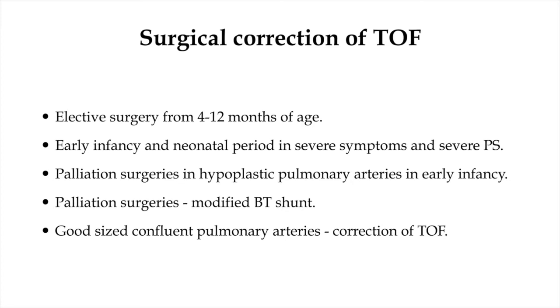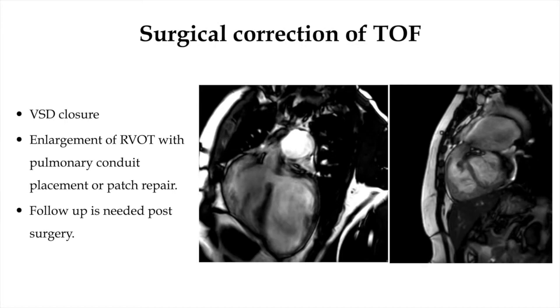If at the initial presentation there are good sized and confluent pulmonary arteries, then the surgical correction of TOF should be done. There are two prominent abnormalities in the TOF. One is the subaortic VSD and one is the pulmonary stenosis. The VSD they will close with a patch, and for the pulmonary stenosis, there will be an enlargement of the RVOT with either a patch repair or pulmonary conduit placement.